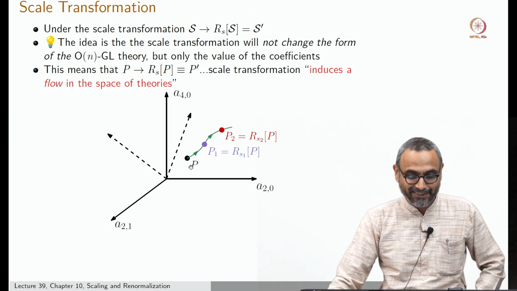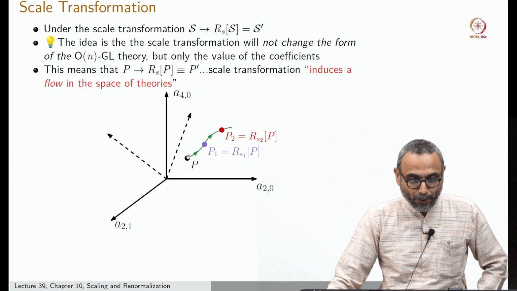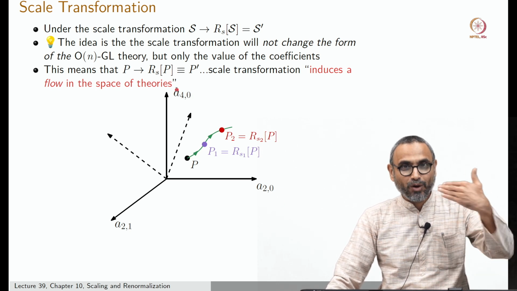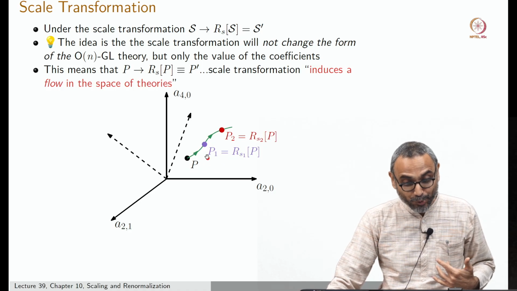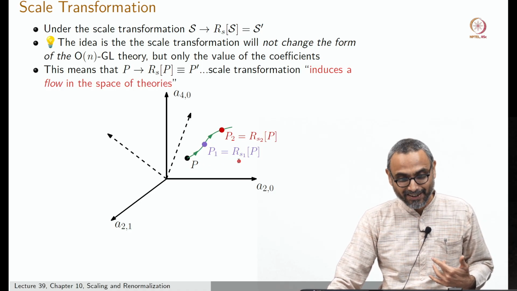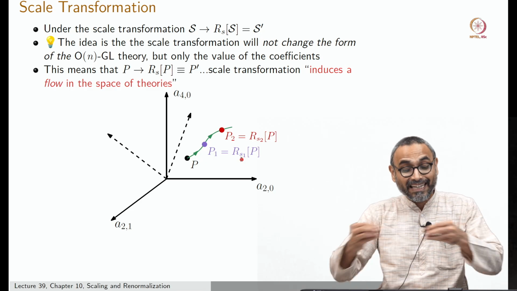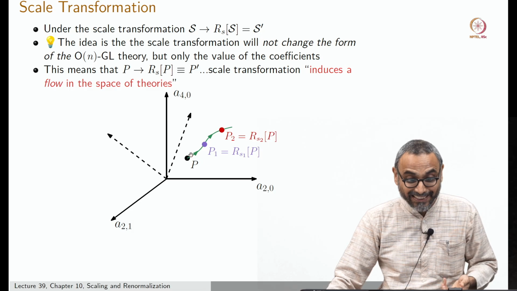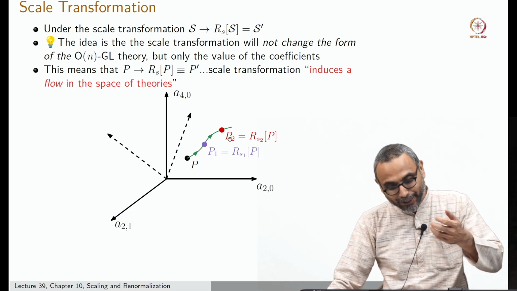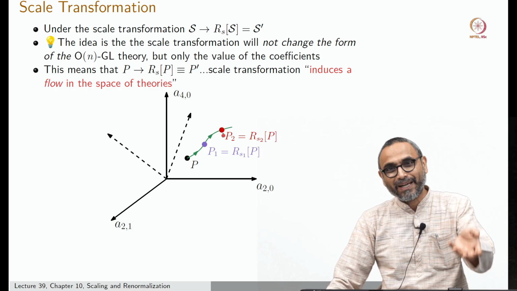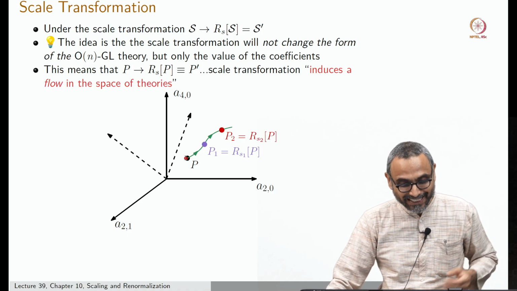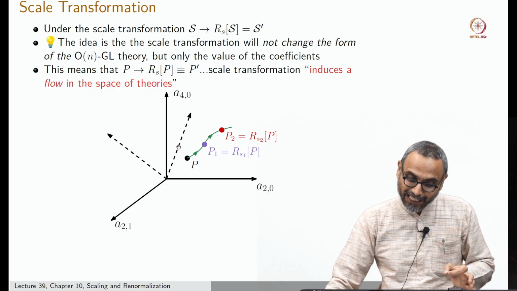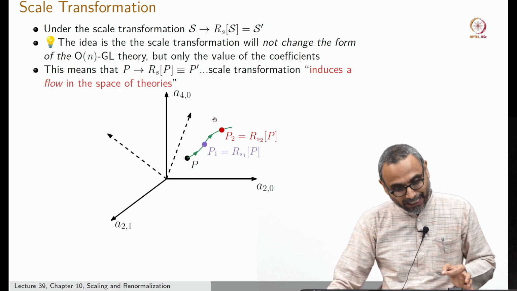Now what do I mean by that? This is our original point defined by some set of A's, the coefficients A. I do one scale transformation, and I get a new point P1 here under the action of S1, described by a set of coefficients which depend on S1 and the initial point P. If I do S2, it will give me another point, and so on. So in some sense, as I change S, this flows. If I start with some other point, there will be another flow and so on.